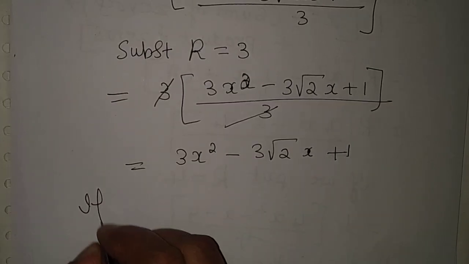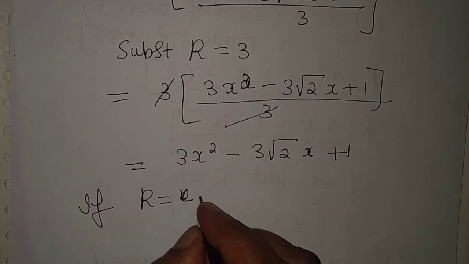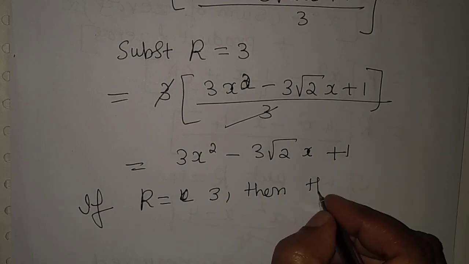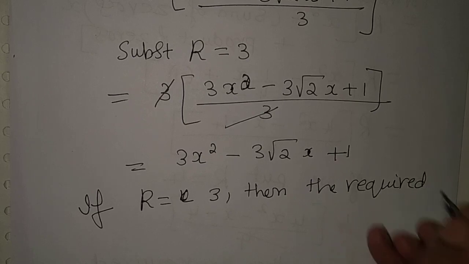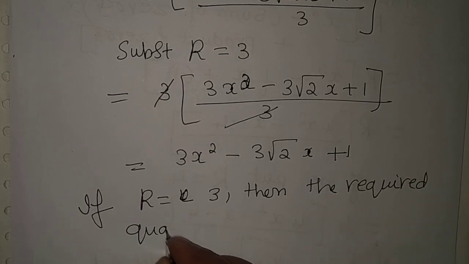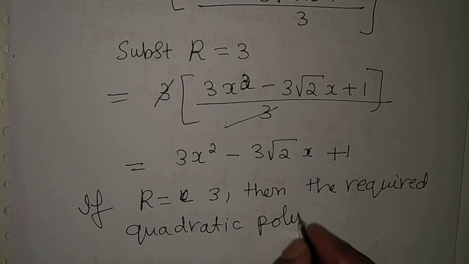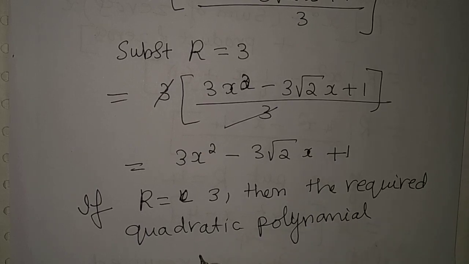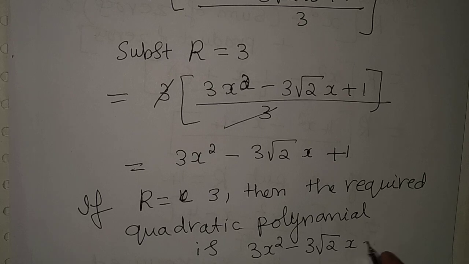So the final conclusion: if k is equal to 3, then the required quadratic polynomial is 3x square minus 3 root 2x plus 1.